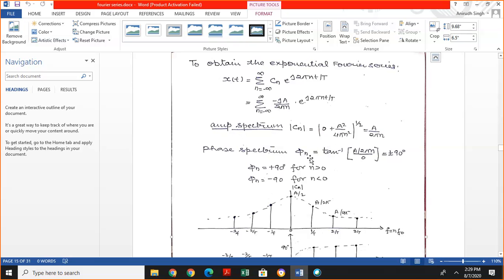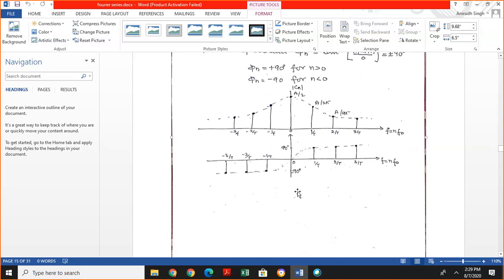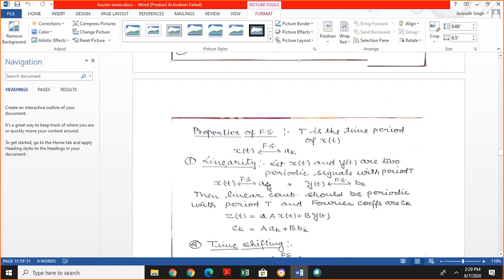And phase spectrum is tan inverse of imaginary part divided by real part, which is equal to plus minus 90. Plus 90 when n is greater than 0, and phase is minus 90 when n is less than 0, and this is the amplitude spectrum and phase spectrum.